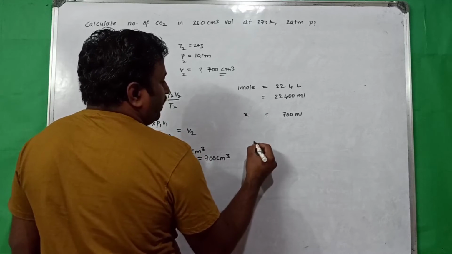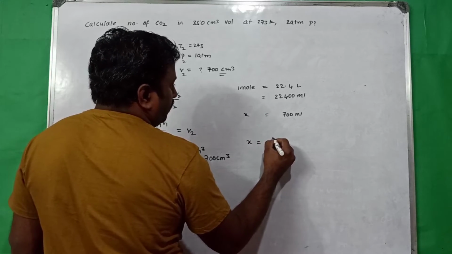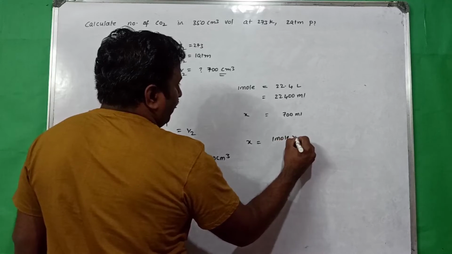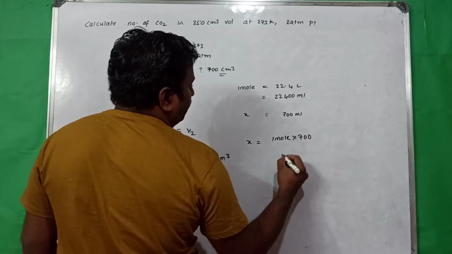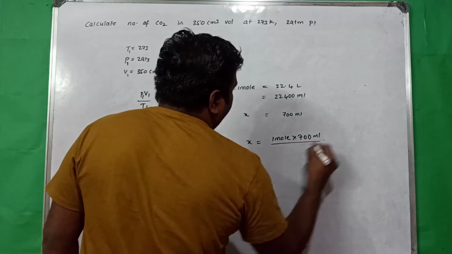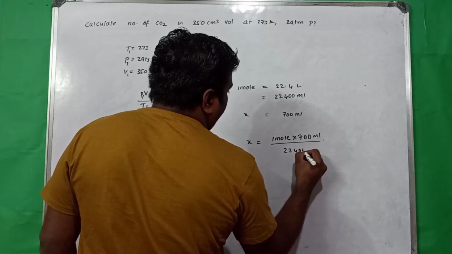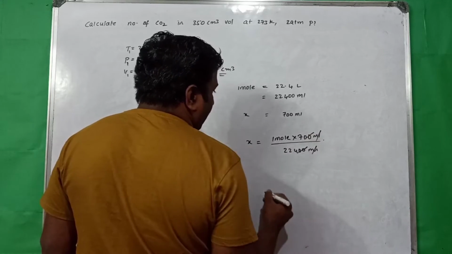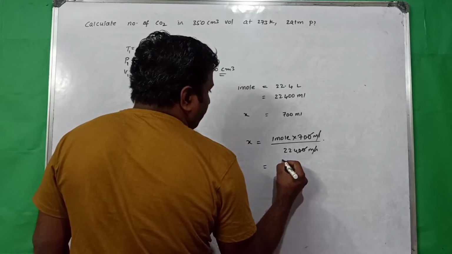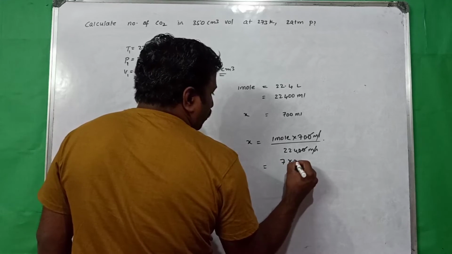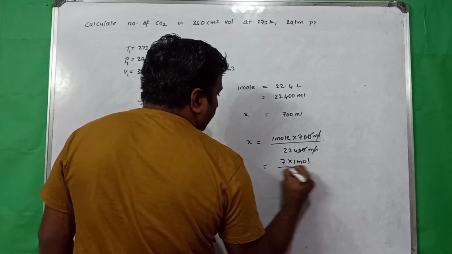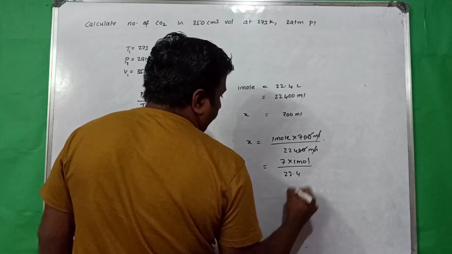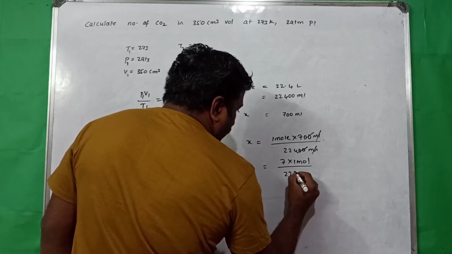Say X. Then X is equal to 1 mole into 700 ml upon 22,400 ml. ml cancels, 100 cancels. Then it is 7 into 1 mole upon 224.